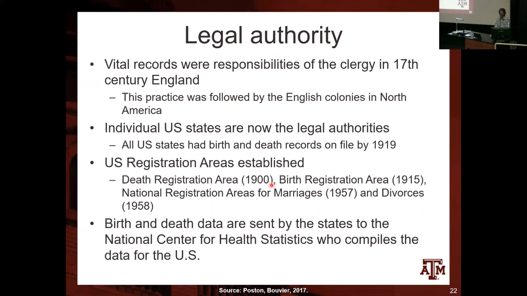And the national agencies were created in those years, the US registration areas: the death registration area in 1900, birth registration area in 1915, marriage 1957, and divorce 1958. So these are national agencies that collect information about death, birth, marriage, and divorce from all these state agencies.